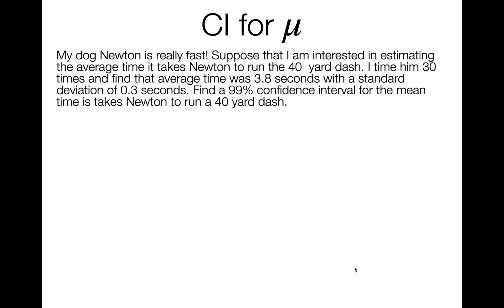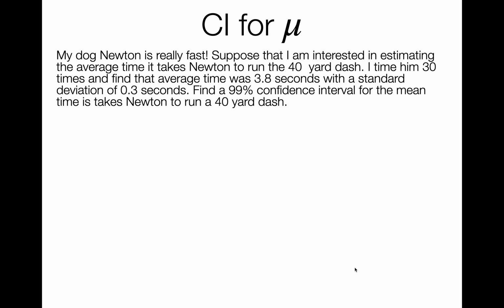So my example is about my dog Newton. Okay, I think Newton is really fast. Okay, Newton is a Great Dane American Bulldog mix. Okay, so Newton is really fast, and so suppose I'm interested in estimating the average time it takes Newton to run the 40-yard dash. Okay.